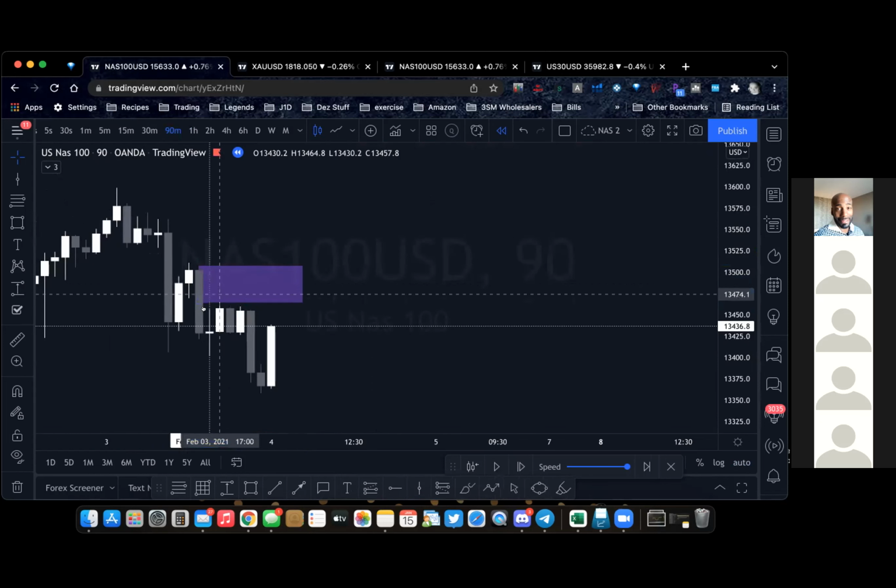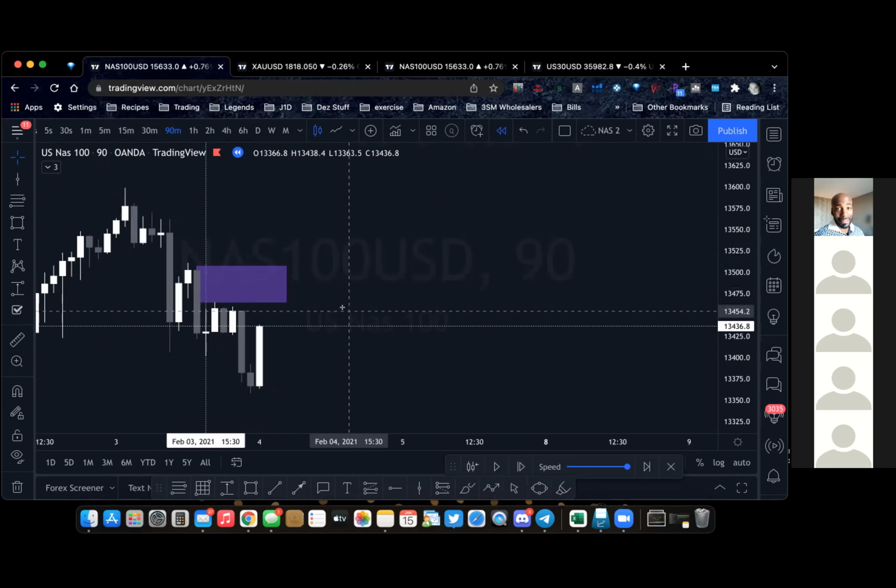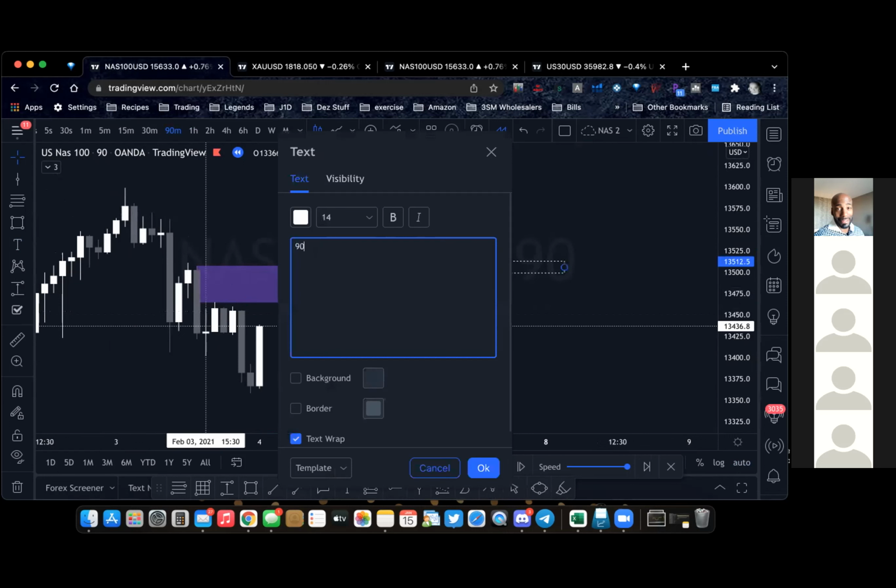And I would say, okay, it looks like we're going to have a down move coming in. The 90-minute says down. And if you're in the group, you've probably seen me have my little thing where I go, 90-minute down, the market structure and all that. So yeah.